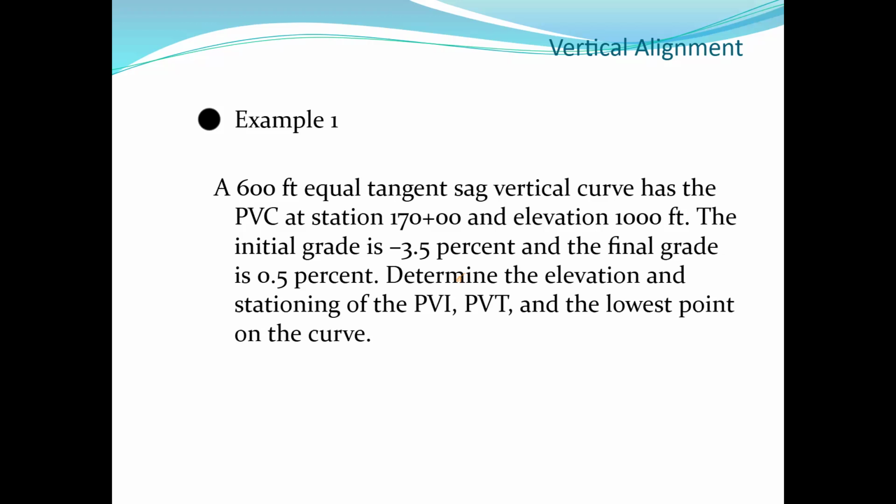We're trying to find the elevation of PVT. I took out the I, so this is PVT now. Y of PVT will be 1000 minus 3.5 over 100 times 600, plus 1 over 30,000 times 600 squared. Let's see what that comes out to be.